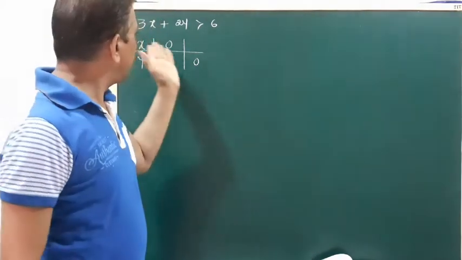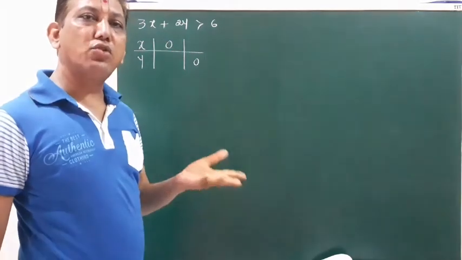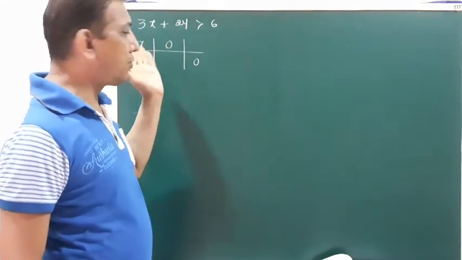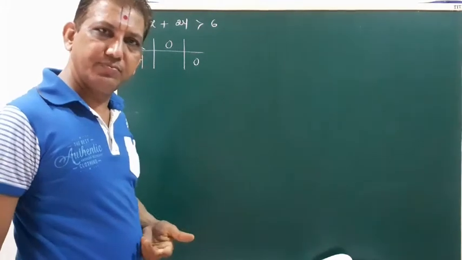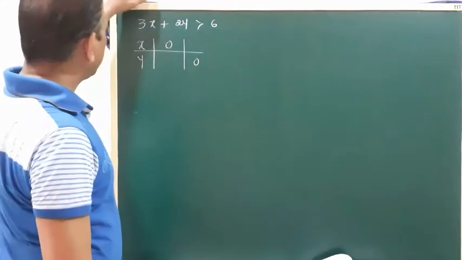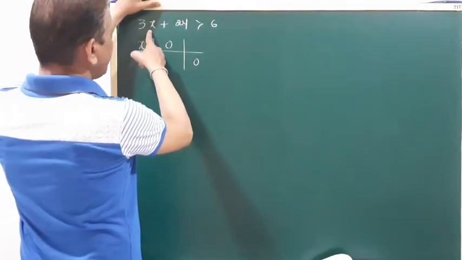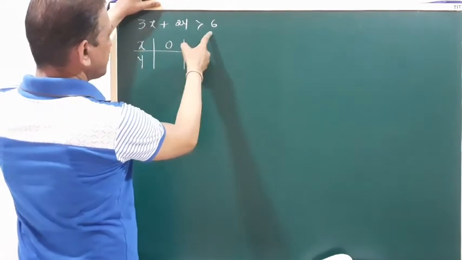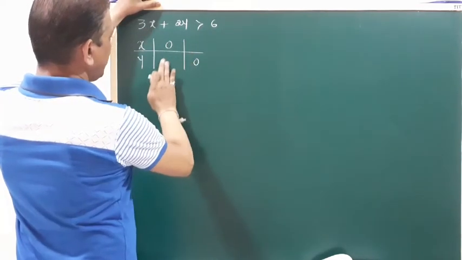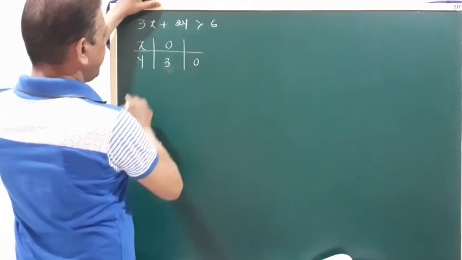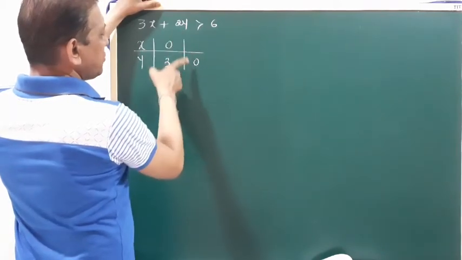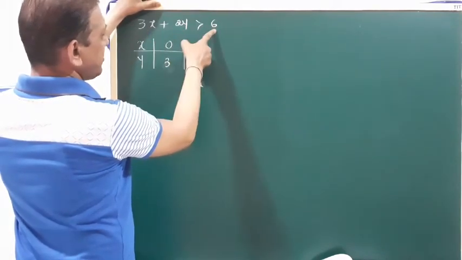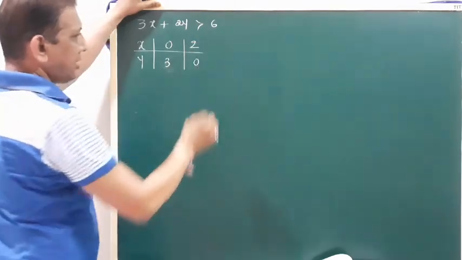When it intersects the x-axis, the y coordinate is 0, and when it intersects the y-axis, the x coordinate is 0. Put x equal to 0, so 2y equal to 6, so y equal to 3. Now put y equal to 0, so 3x equal to 6, x equal to 2.